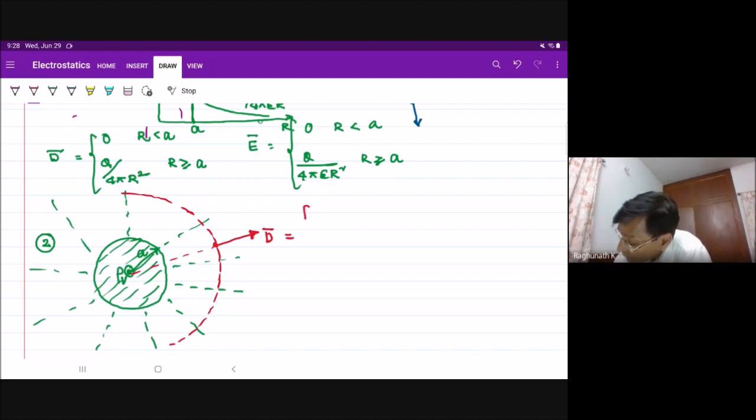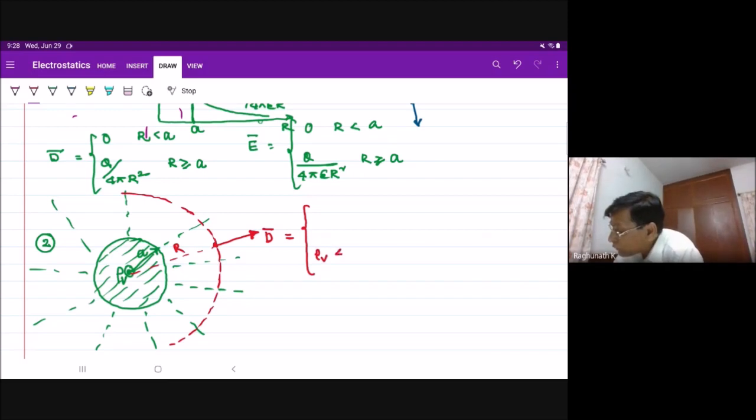First of all, for r greater than or equal to a, I am looking at. Please look at it. Rho v into the total charge inside the imaginary spherical surface of radius r is what?